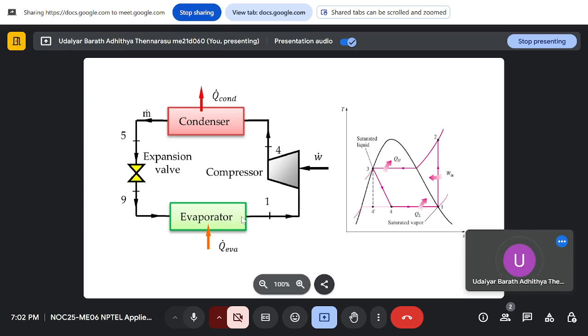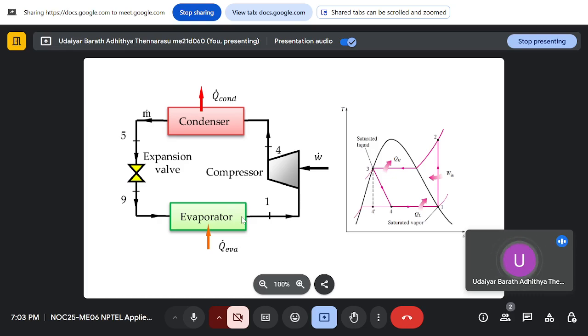So here our objective is to provide cooling and not the work. So here we give some work and that will provide some cooling, or in some cases, as a heat pump, we want heating to be provided. So that will change depending on whether we need heat to be provided or heat to be taken out.